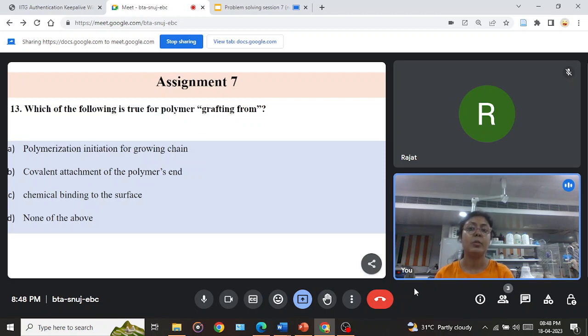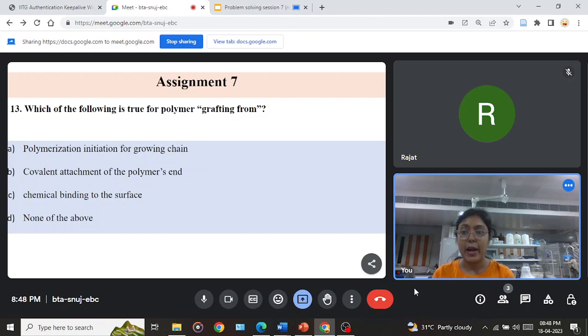Firstly, there is the covalent attachment of the polymer's end to the surface, and then the next step involves polymerization of the chain, so that the polymer will grow and create an orientation, either a brush-like orientation or a mushroom-like orientation, right?